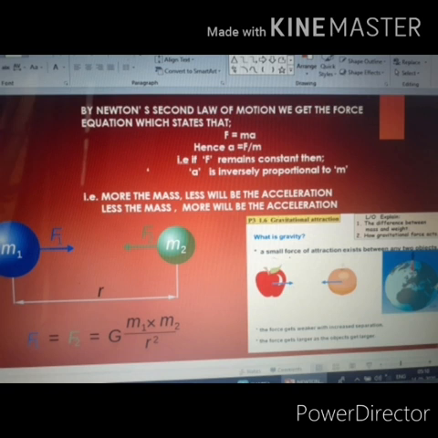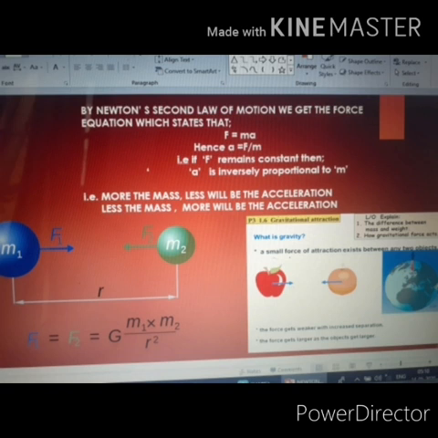That is, both the bottles will exert the same force F on each other, but their directions will be opposite. Now, the question is, how much is this force, the force of gravitation between the two bottles?